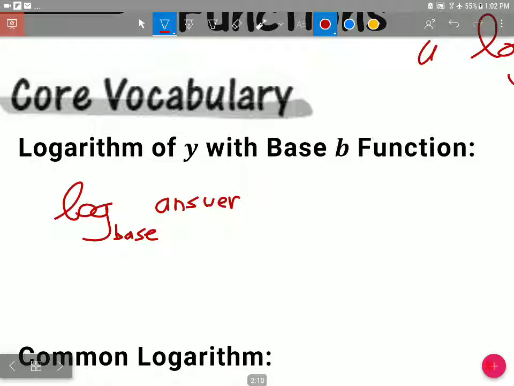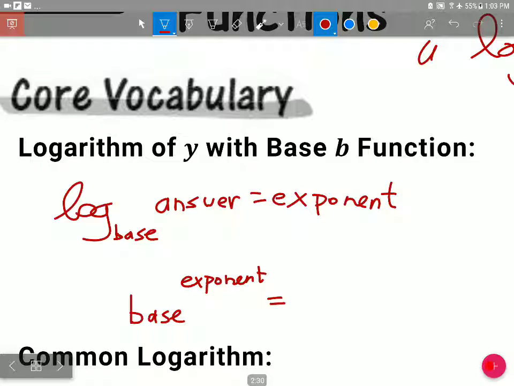Equals the exponent. Likewise, if you had this as an exponential, the base to the exponent would equal your answer.